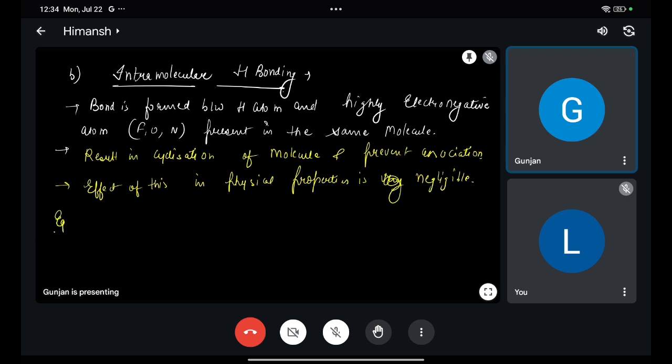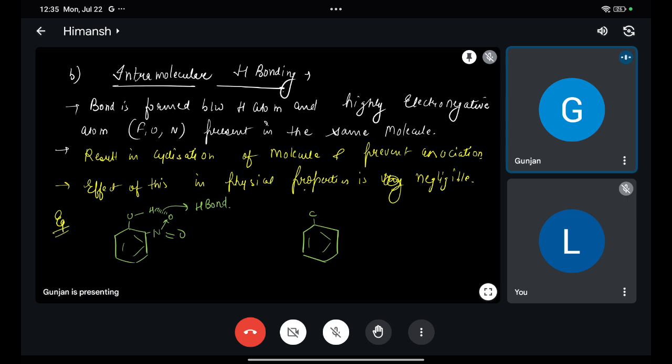Example, we can take ortho-nitrophenol. So this is OH and NO2. Oxygen and hydrogen will bond to each other with the help of this hydrogen bond, and this hydrogen bond is intramolecular. Ortho-nitrobenzoic acid is also an example of it.